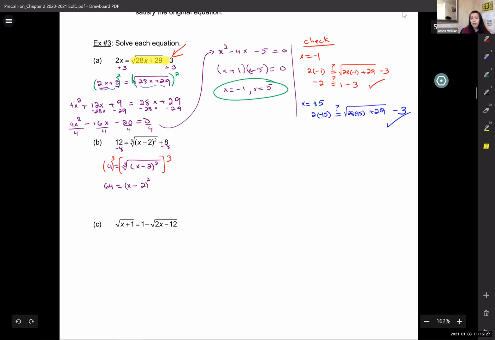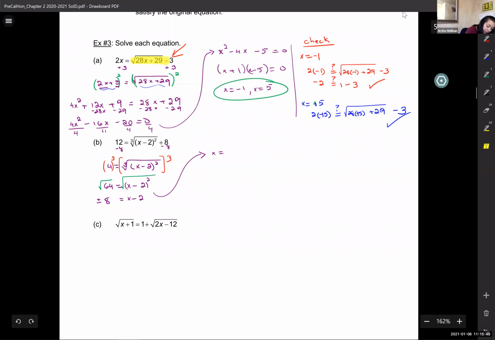Here you have a choice. You can either square, bring everything to the same side, get a quadratic and solve, or you could just take a square root of both sides here, and you can get x minus 2 equals plus or minus 8.